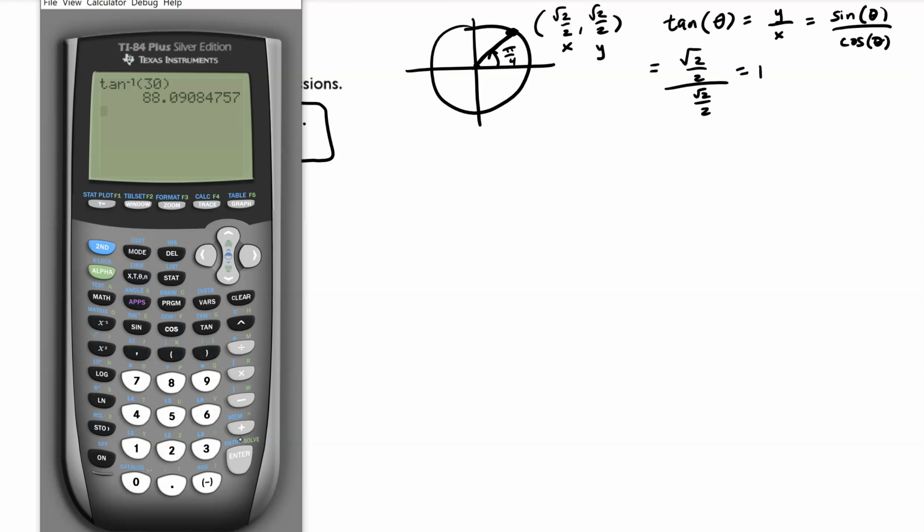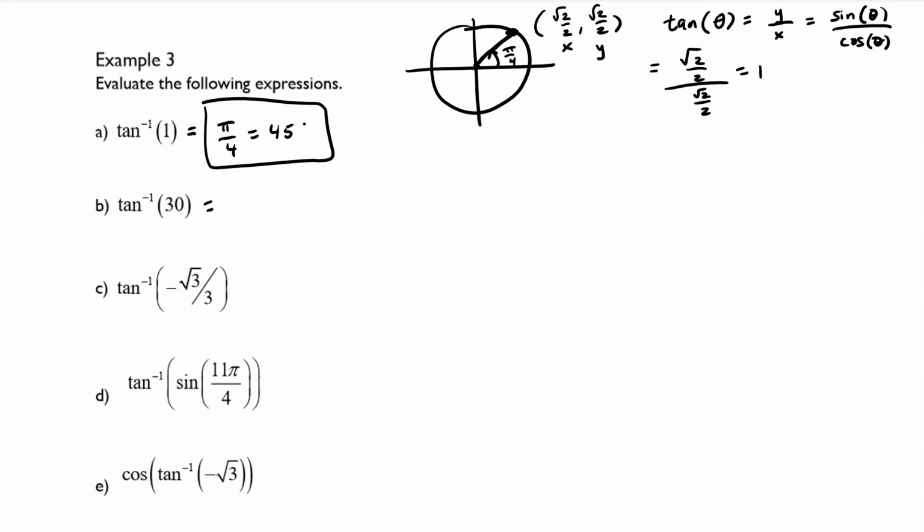So we find that tangent inverse of 30 is, I'm going to round it to 88.1 degrees. And that is our answer. And another way of saying that is that if you take tangent of 88.1 degrees, it's going to equal 30, or close to 30 since we rounded the angle.